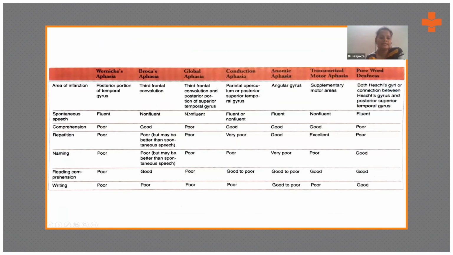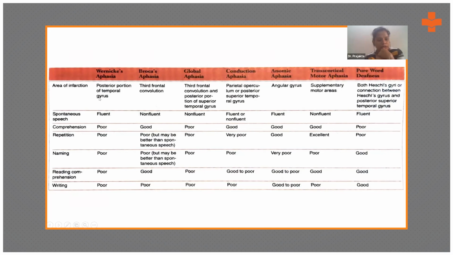Now, in this table, I have just given you the areas involved for the eight aphasias. I think we've tried to cover them, and also the areas involved and what we find, as we studied how to assess aphasia: the spontaneous speech part, the comprehension part, the repetition, naming, reading comprehension, and writing.